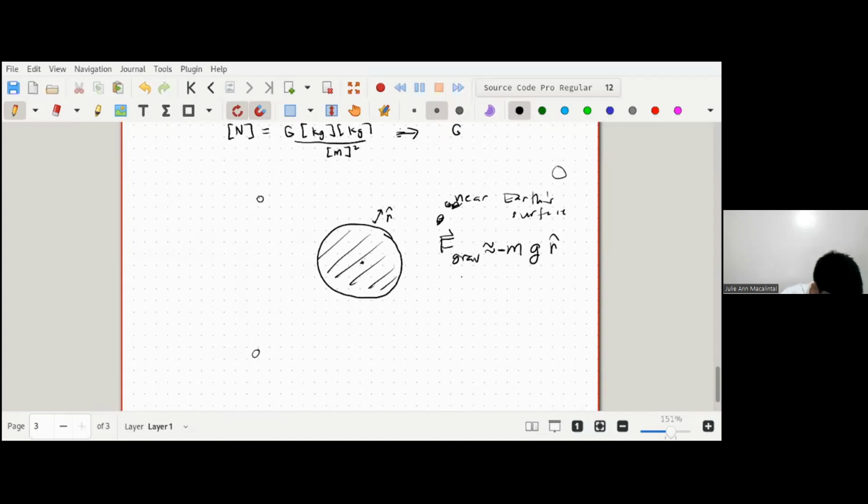So this is a constant g, the gravitational field of the Earth. You can actually compute this. g Earth is equal to G, big G, mass of the Earth, over the radius of the Earth square.